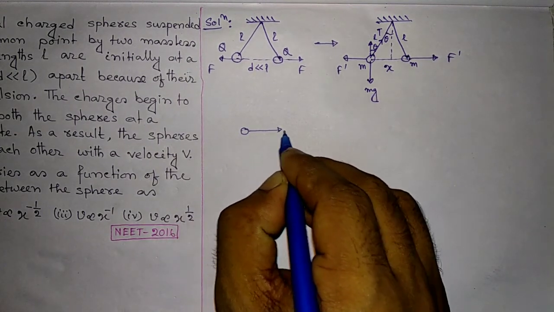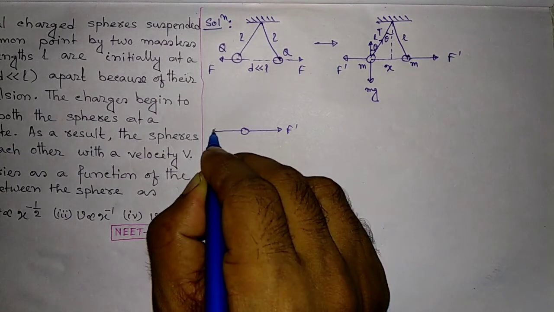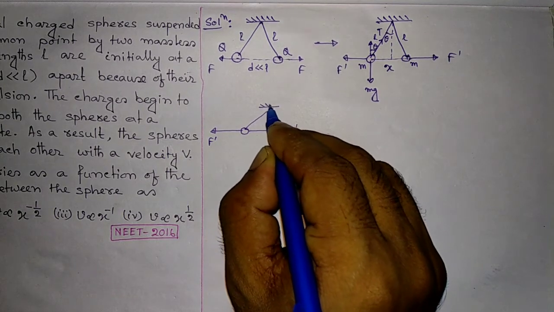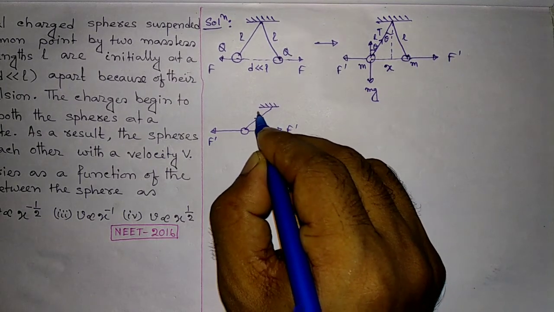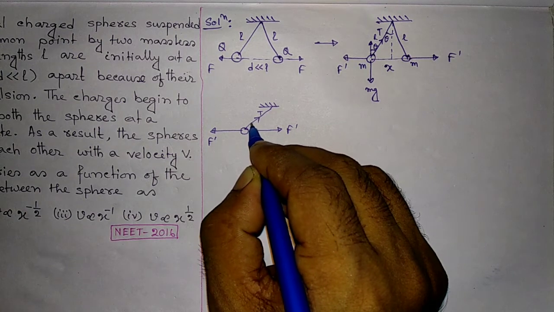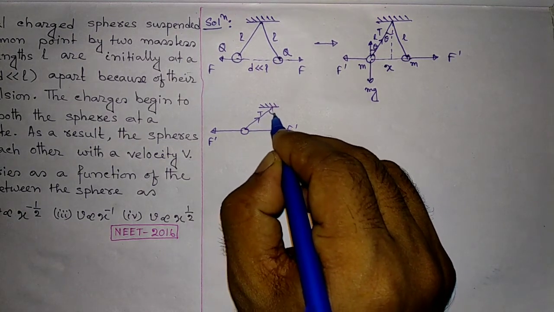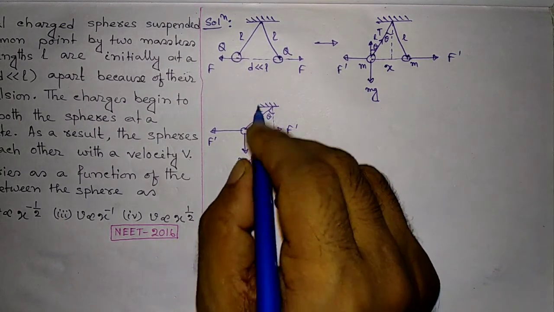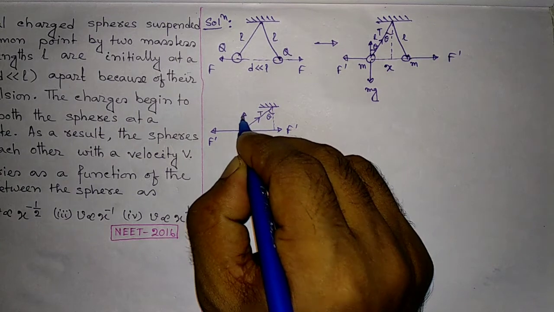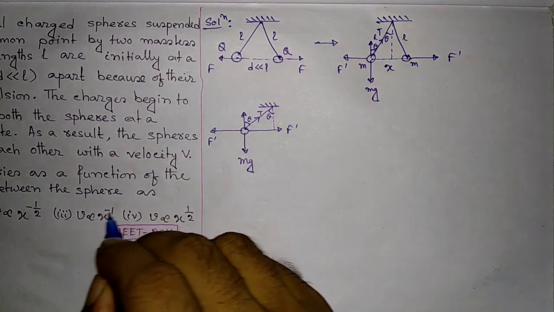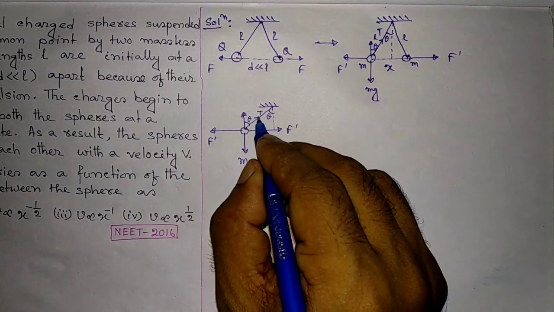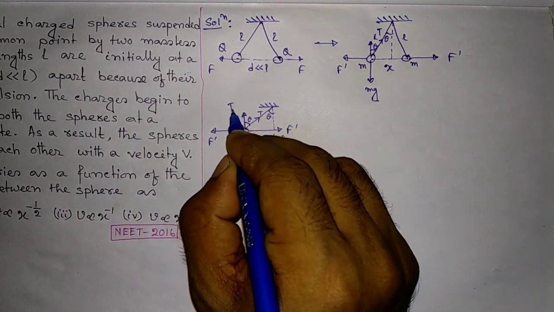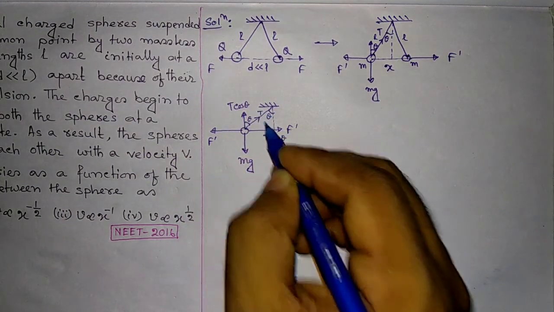The force is F dash on each sphere. Components: T sin theta and T cos theta.